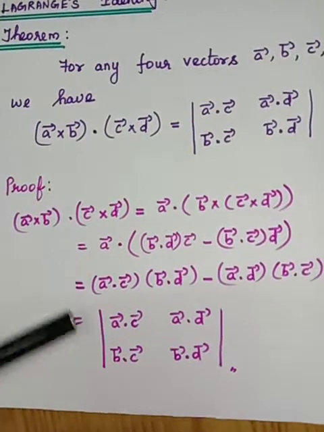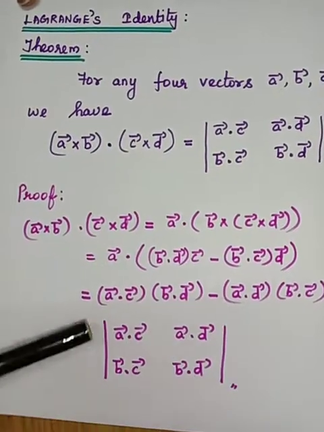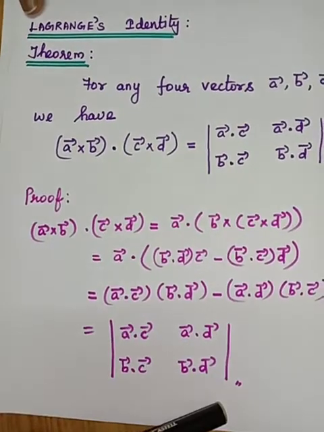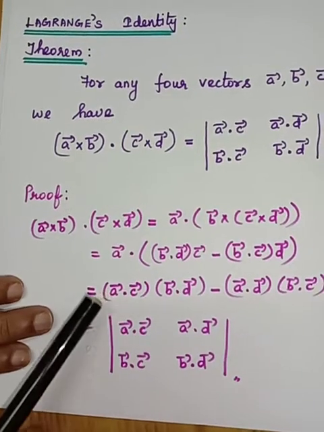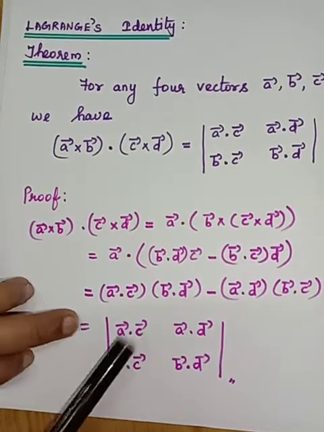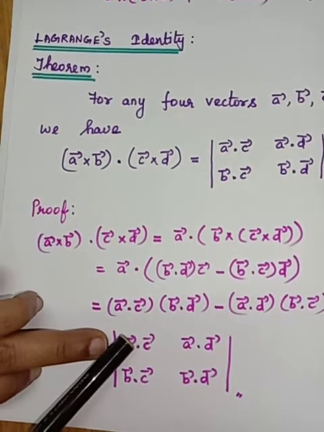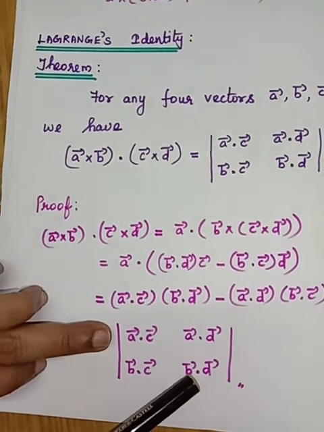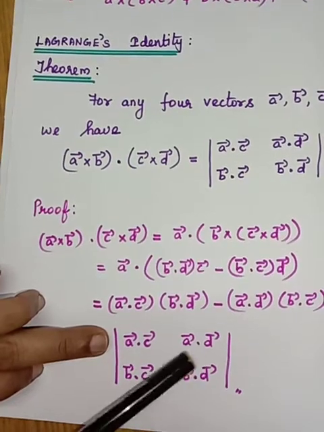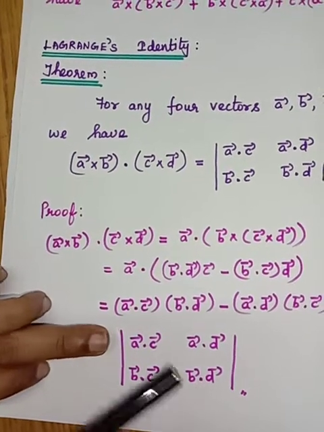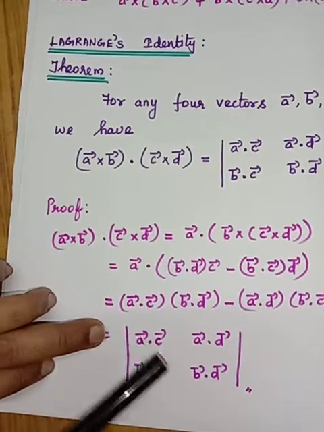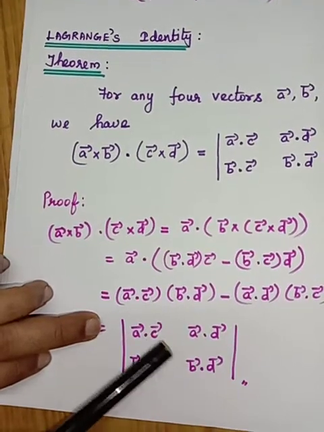Okay. So see that this term can be written in the determinant. You look at the first term A dot C into B dot D. So if A dot C is written as the first term, B dot D should be in the last term. So then only while you are evaluating the determinant, you have to multiply these 2 terms.